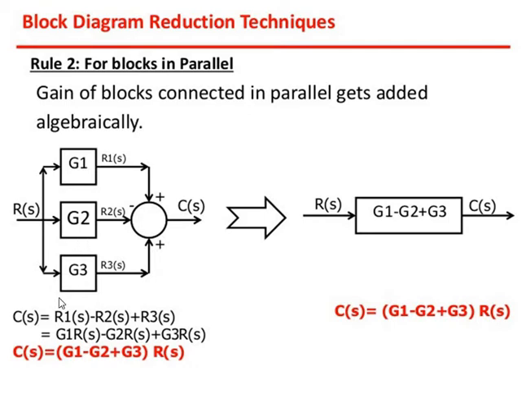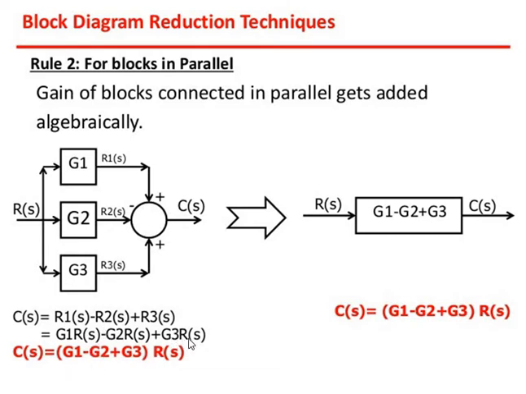So by definition, CS equal to the summation of all the blocks: R1S minus R2S plus R3S. But here R1S equal to RS into G1, and R2S equal to, here the sign is minus, so minus G2 RS, plus R3S equal to G3 into RS.